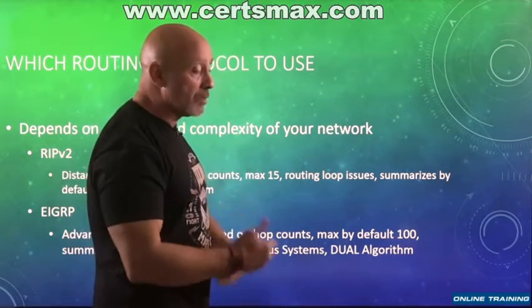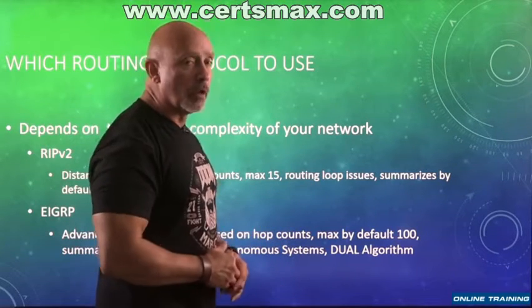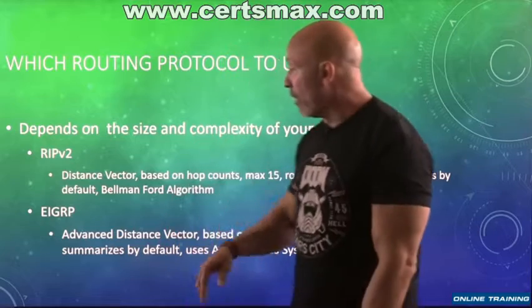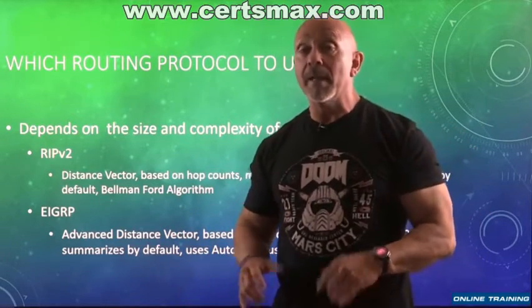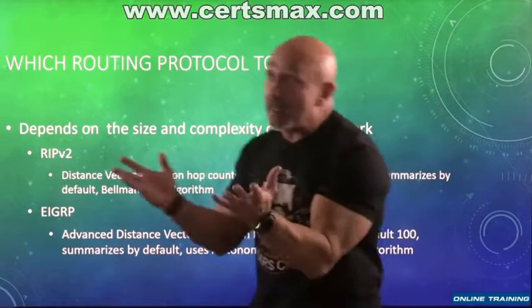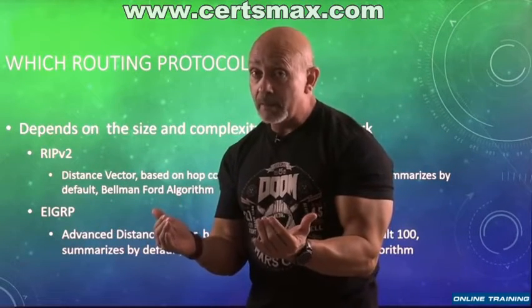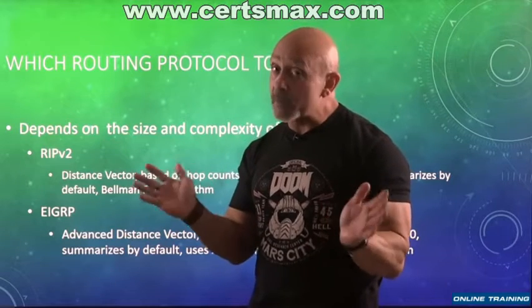So it has a lot of mechanisms, which we're not going to get into, that will avoid those routing loop issues. And it summarizes by default. That's why you saw me put no auto summary. Meaning, please, Mr. Routing Protocol, do not summarize this address because it was really the 10.1.1.4. It wasn't the 10.0.0.0.